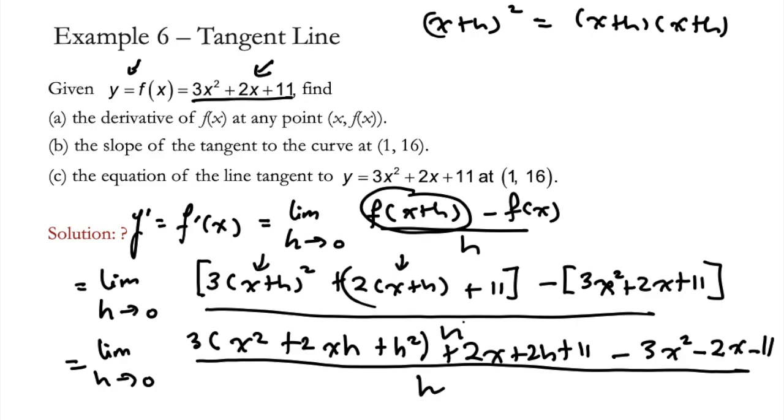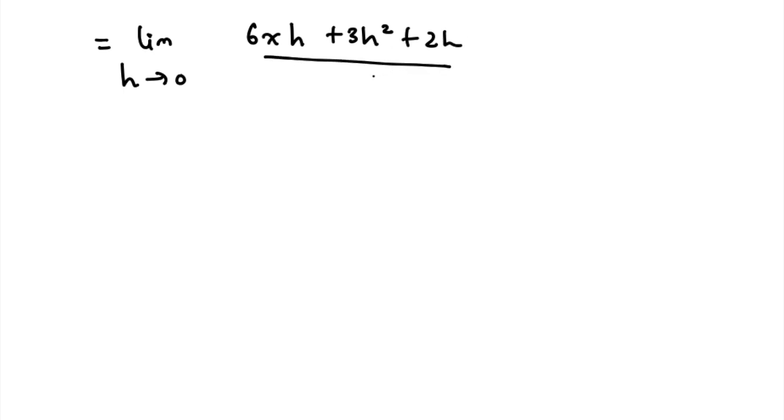Now continuing the next line, limit as h approaches 0. You simplify further, and it becomes 6xh plus 3h squared plus 2h, right? Over h.